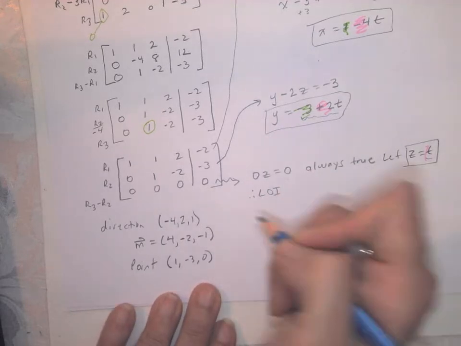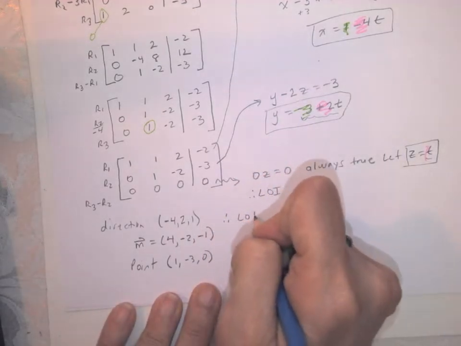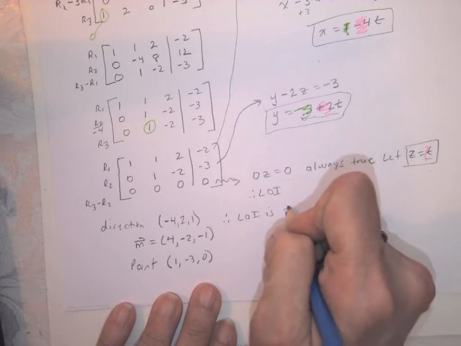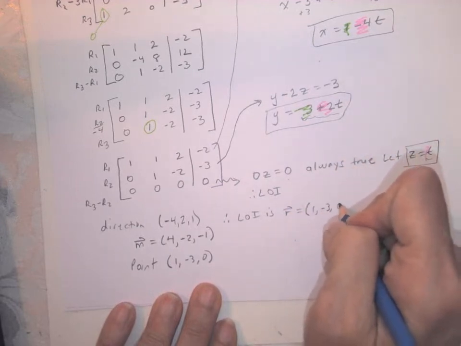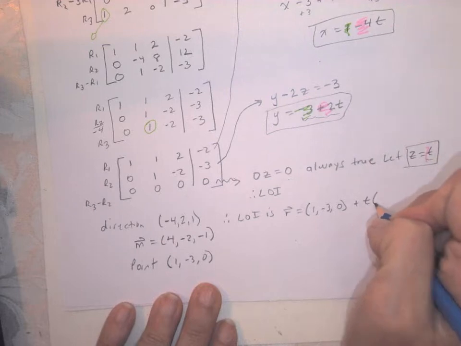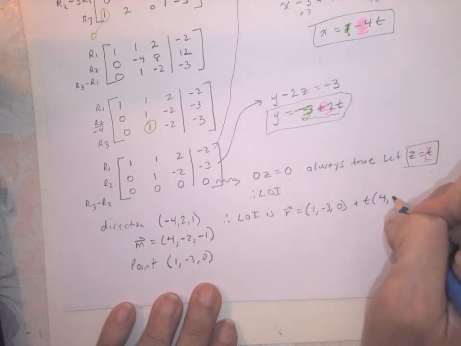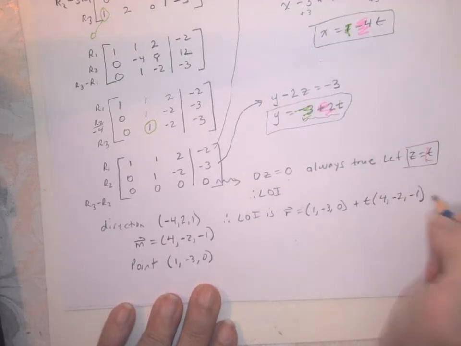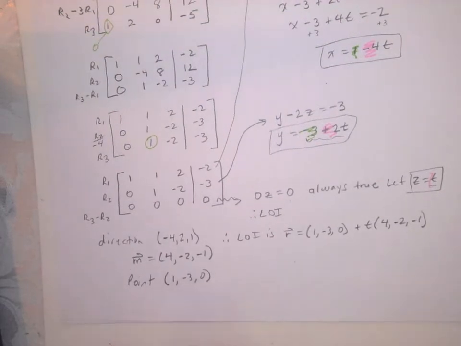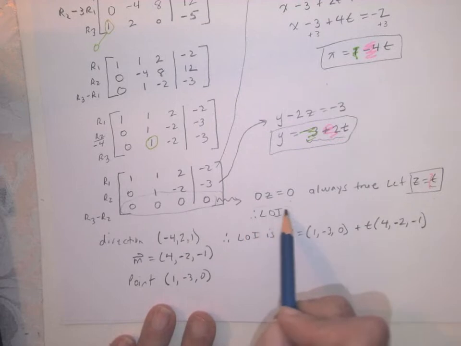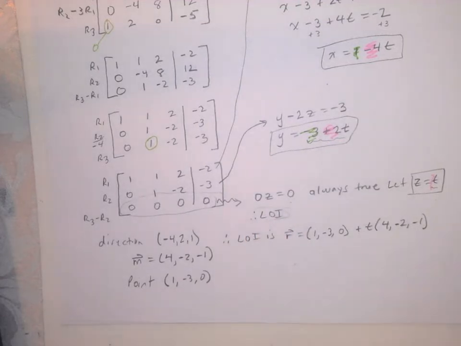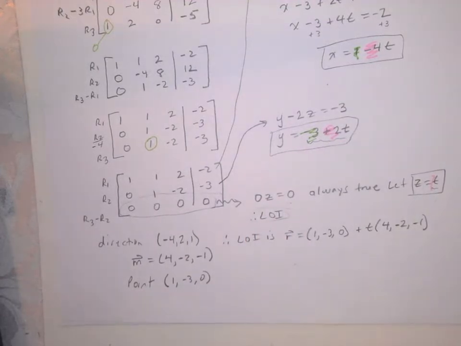So therefore, LOI is r equals 1, -3, 0 plus t 4, -2, -1. And this row of zeros here told us that we in fact had a line of intersection. We'll see later on what happens if we instead have the no intersection case for this one.